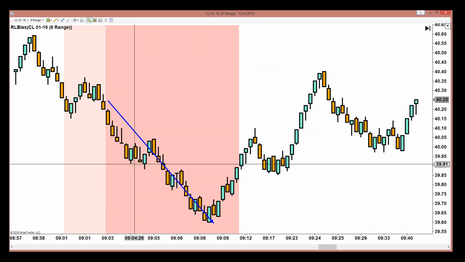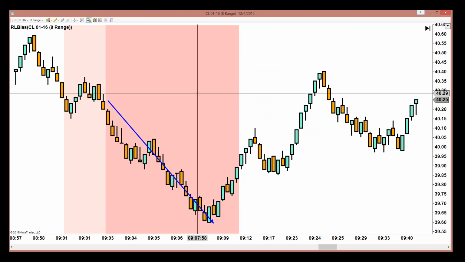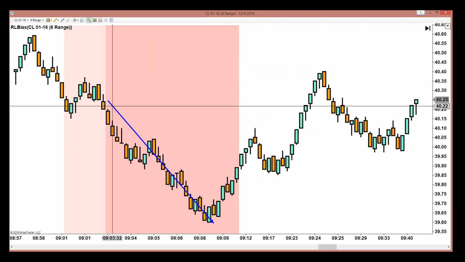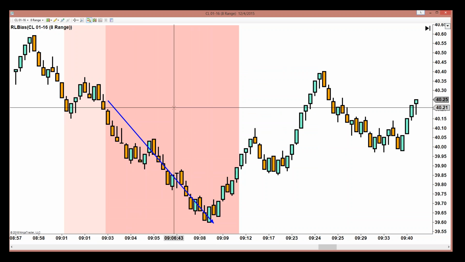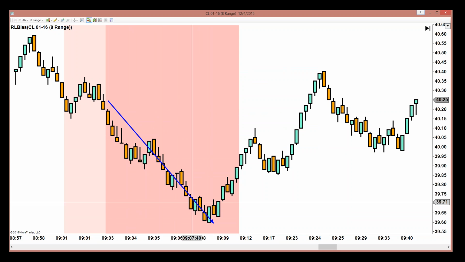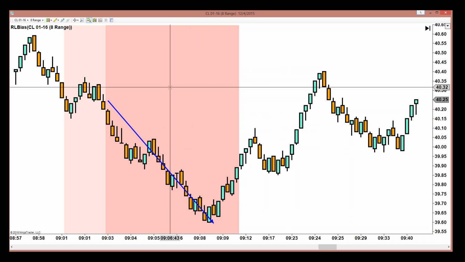Now, the enormous move down doesn't create the pink color. The pink color is what predicts that price is going to fall, because two higher time frames are now in free fall on the pink.